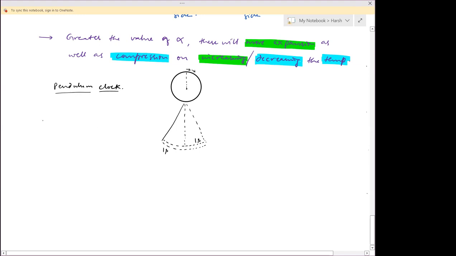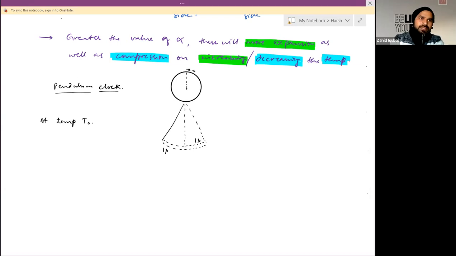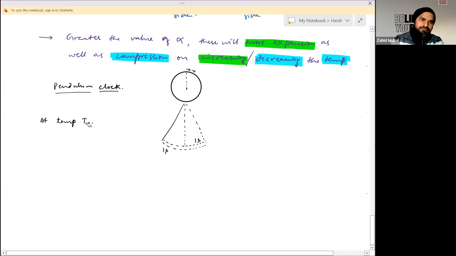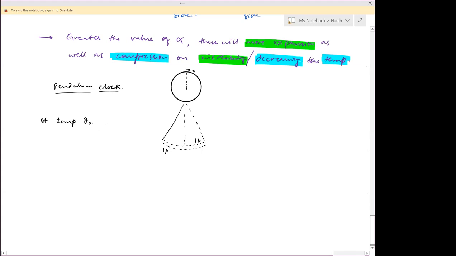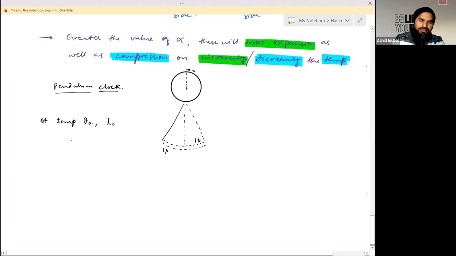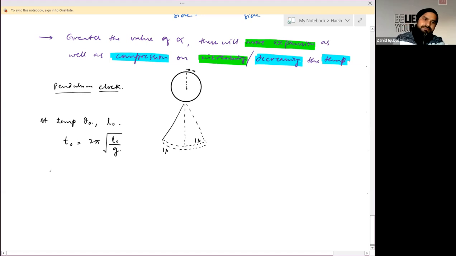Now, at temperature theta naught, I'm calculating, length will be L naught. So time period will be equal to 2 pi root under L by g. This is the time period of oscillation of this particular pendulum at temperature theta naught. Now what will happen if you increase or decrease the temperature of this system?